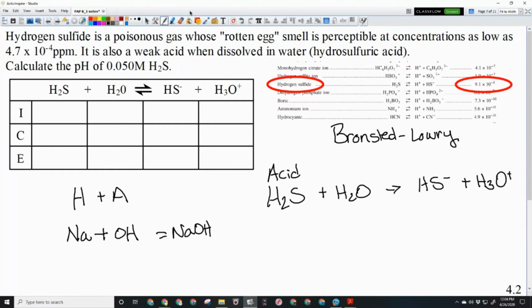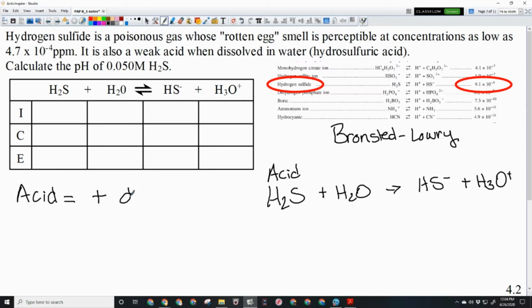So here's a new theory of acids and bases. In the Bronsted-Lowry theory, write this down, an acid is considered a proton donor. Remember, a proton is just a positive hydrogen. So acids are proton donors. Bases are proton acceptors, or hydrogen acceptors. So hydrogen donors and hydrogen acceptors.